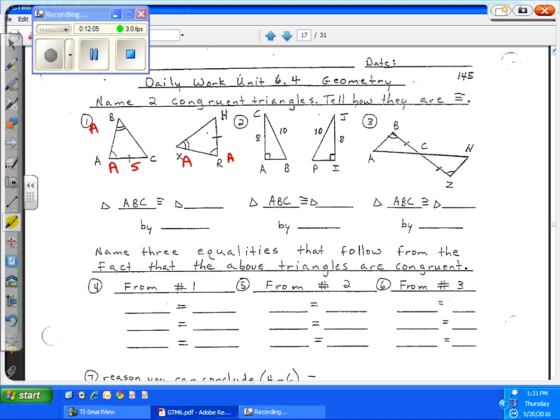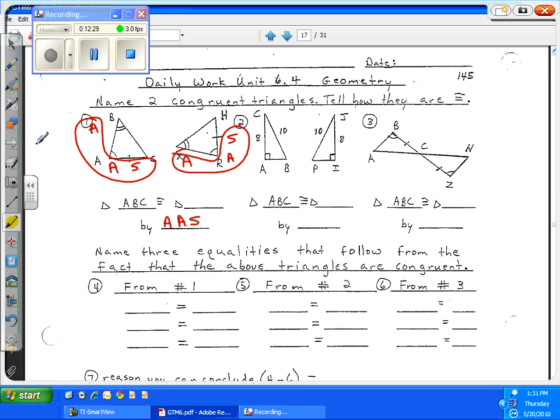The very next side is equal to the very next side, and so we have angle, side of this one is equal to angle, side of that one. Notice that the side is not included between the two angles, so it's two angles and a non-included side of one triangle equal two angles and a non-included side of the other. Therefore, the triangles are congruent by angle, side.